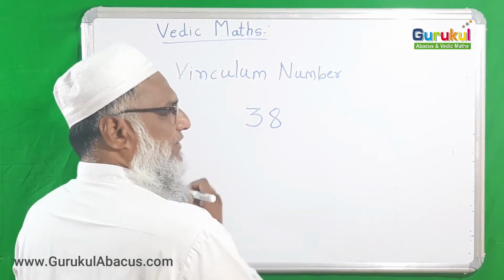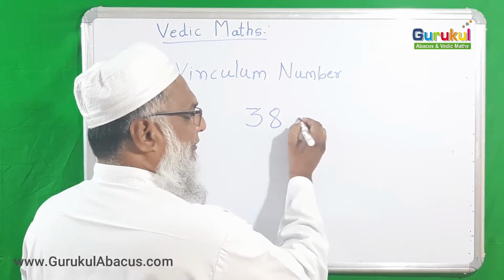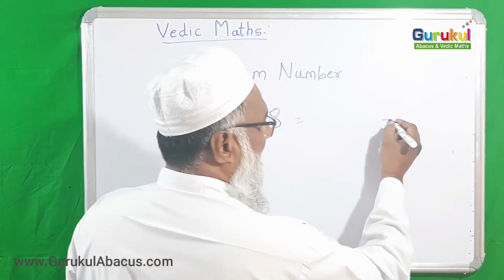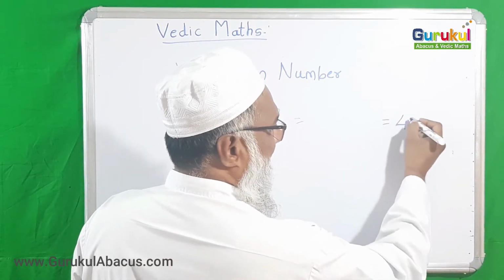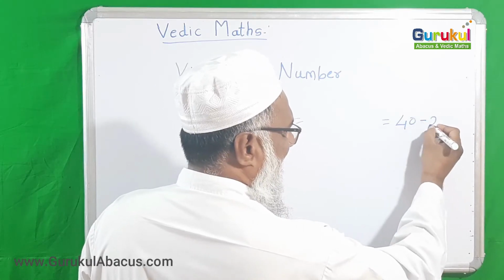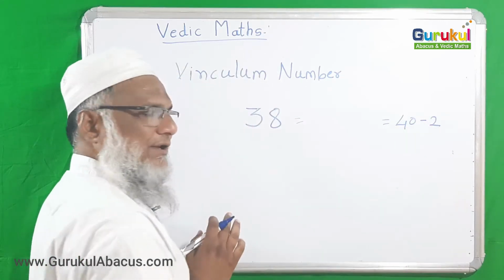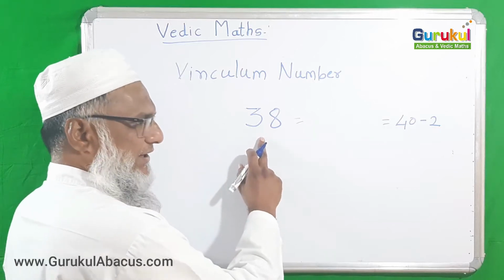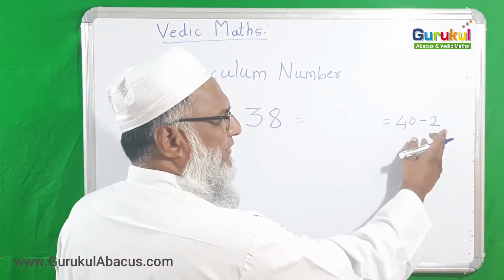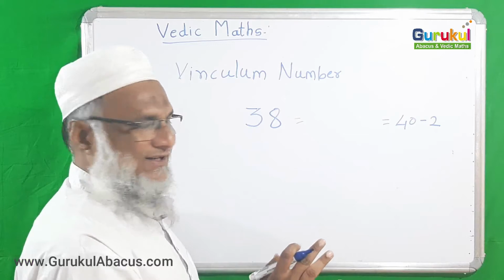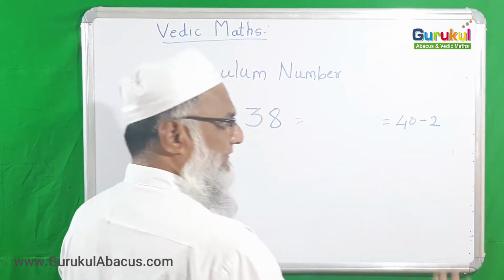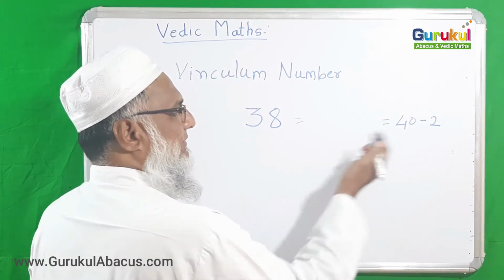Suppose 38 is there. Then we know one thing, that 38 is near 40 and it is less than 40 by 2. It means if there is 38, then looking at it as 40 minus 2 is definitely correct. Then there is a slightly different way to write this 40 minus 2.